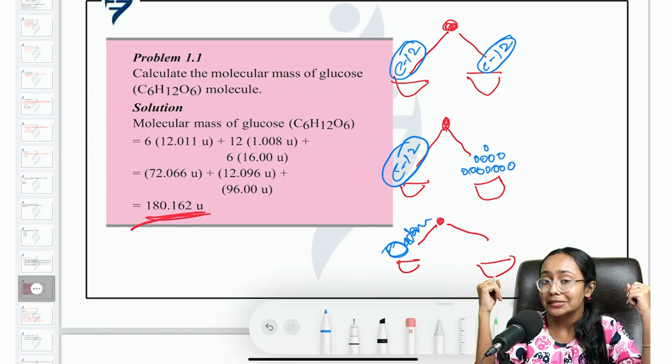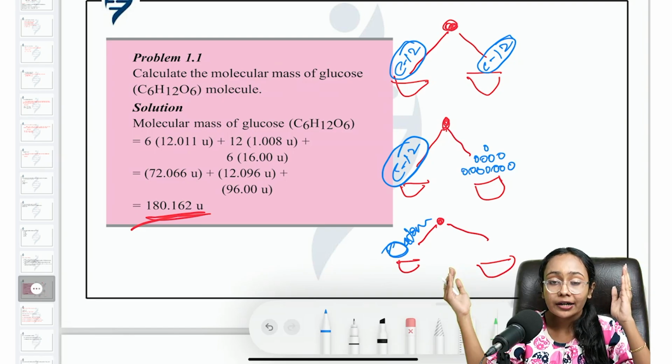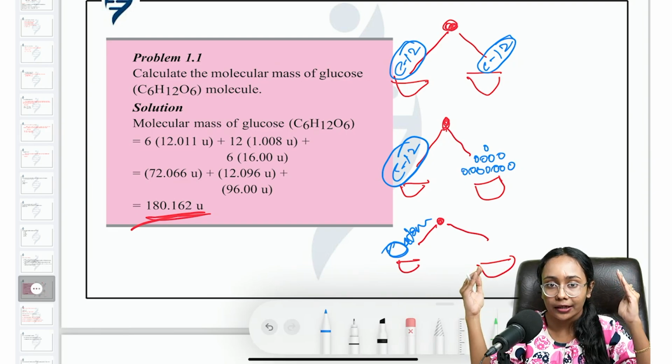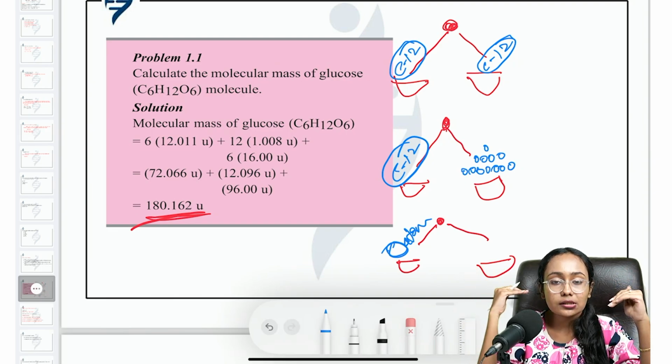Think and answer me. I've divided C12 into 12 units, right? Should I need the 12 units to balance the oxygen atom in the left pan?